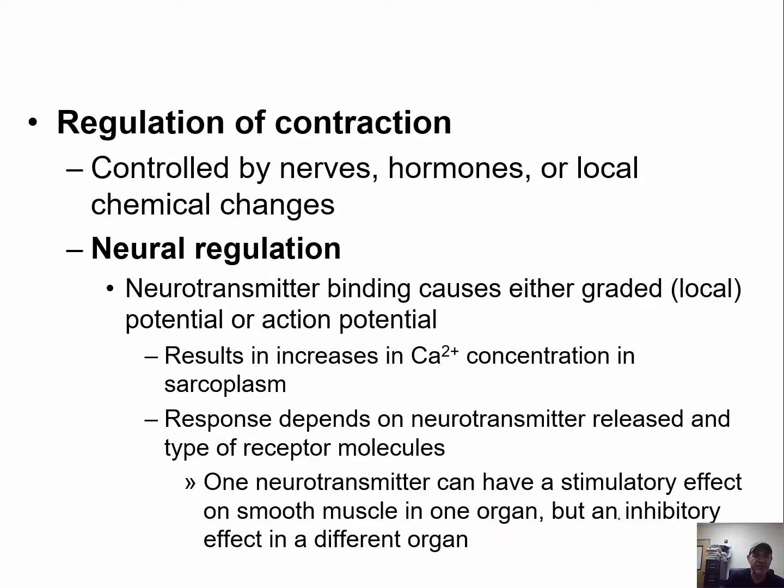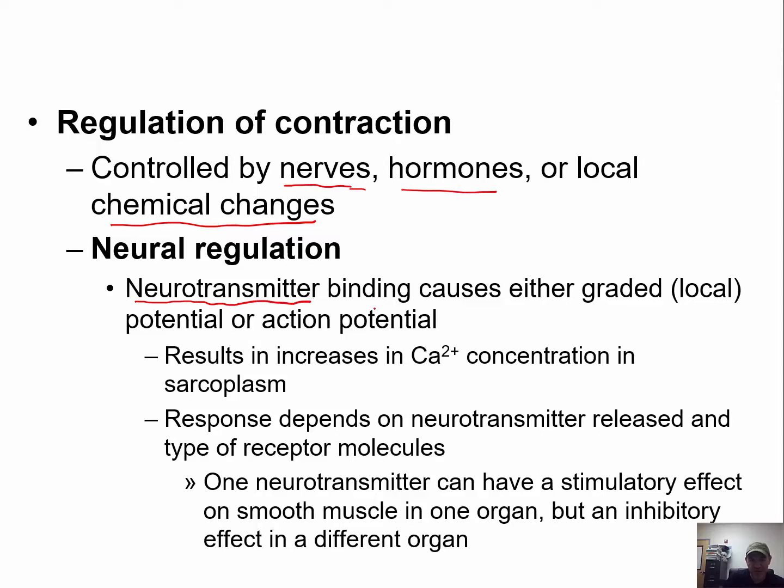The regulation of contraction can involve several aspects, including nerve fibers messaging the smooth muscle. Hormones can also influence it, as well as local chemical changes within the tissue fluid or interstitial fluid. So looking at neuroregulation, nerves are going to communicate with the muscle by neurotransmitters.